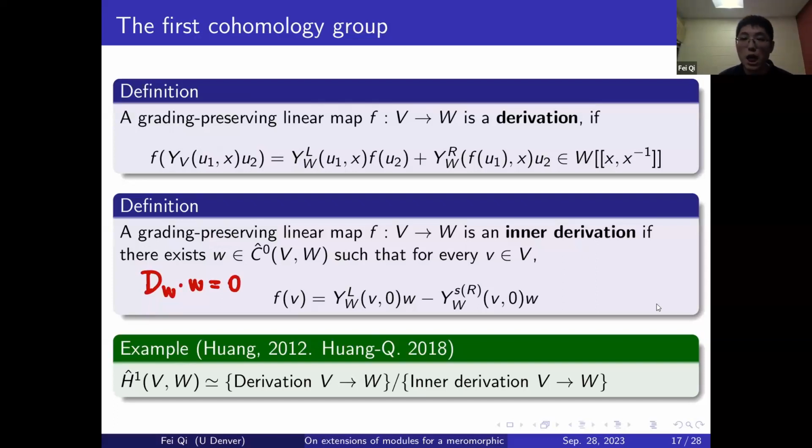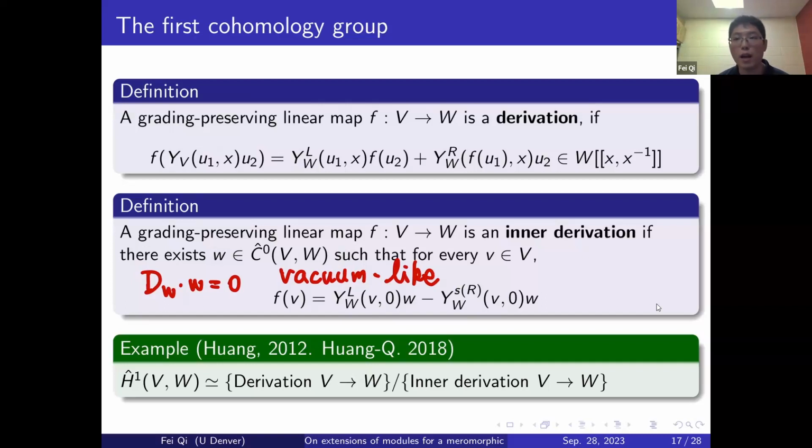In other words, elements inside the zeroth Cauchy complex are basically vacuum-like, meaning that the left action and the right action of the vertex operator on such an element are all power series. And because they are all power series, we can evaluate at 0.